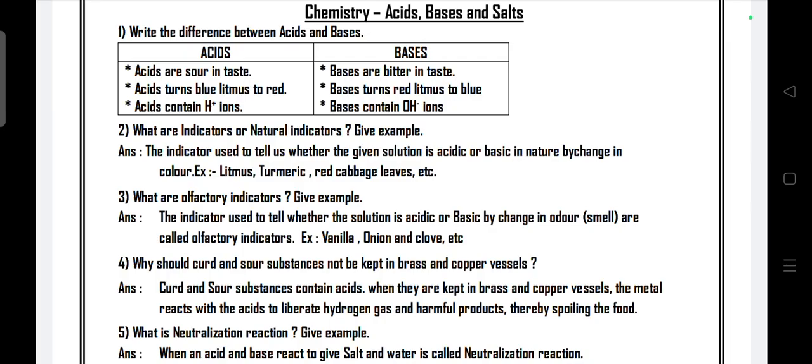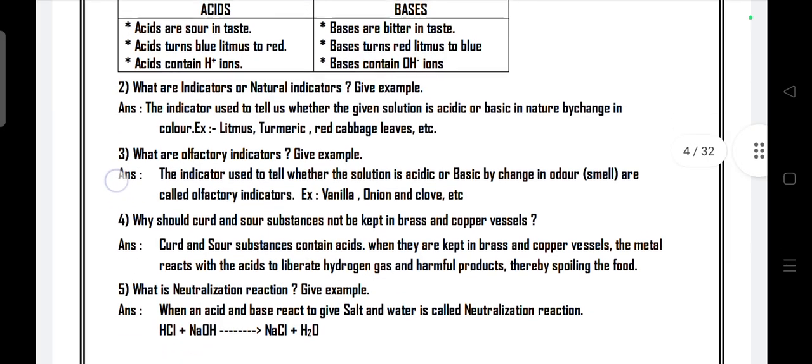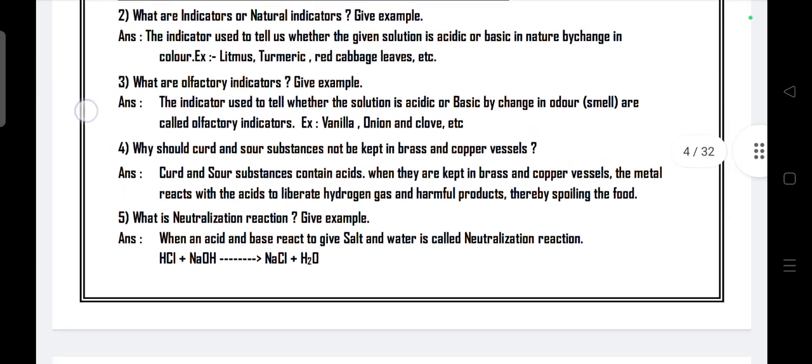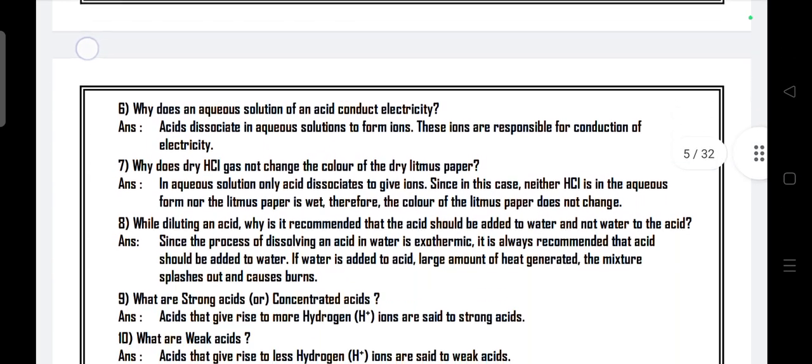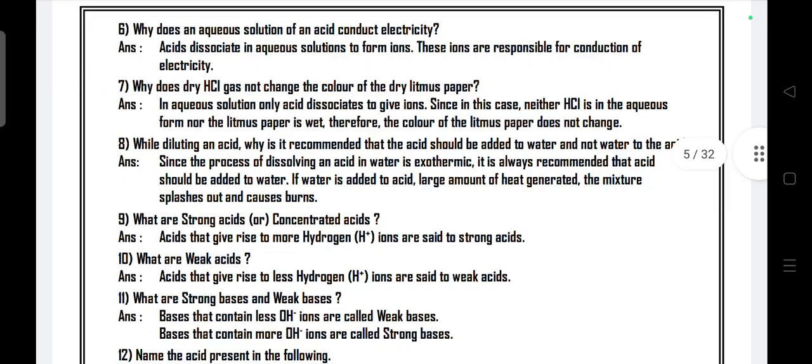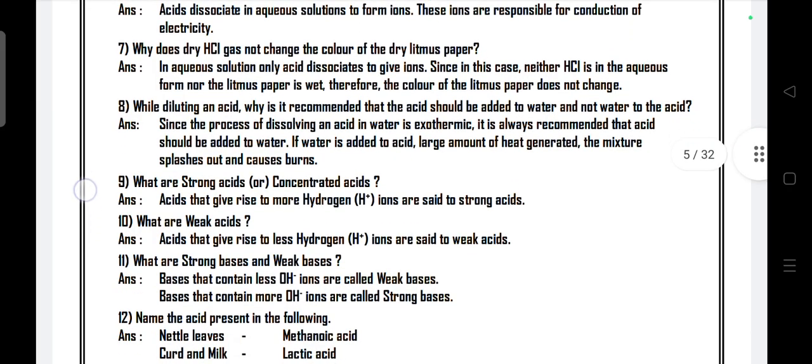Next, come to acids, bases, and salts. Important questions from this chapter. Take a screenshot if you want. Important questions with answers are also there, showing how you have to write the answer.